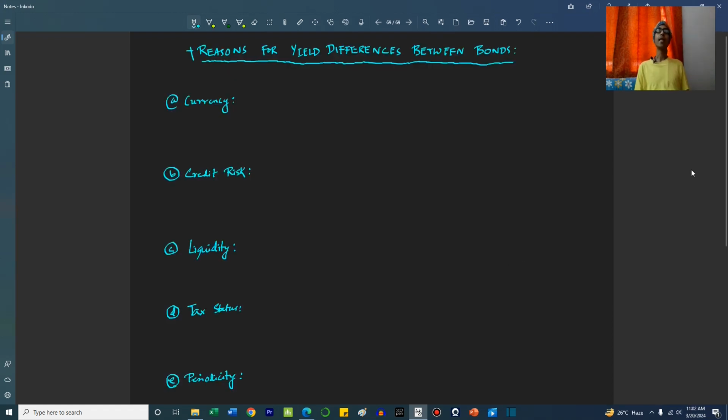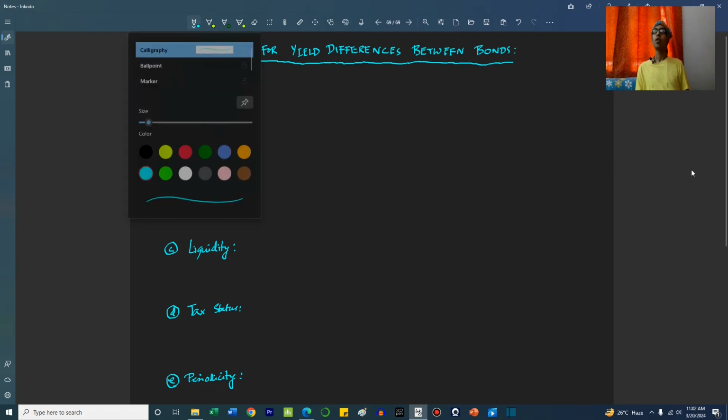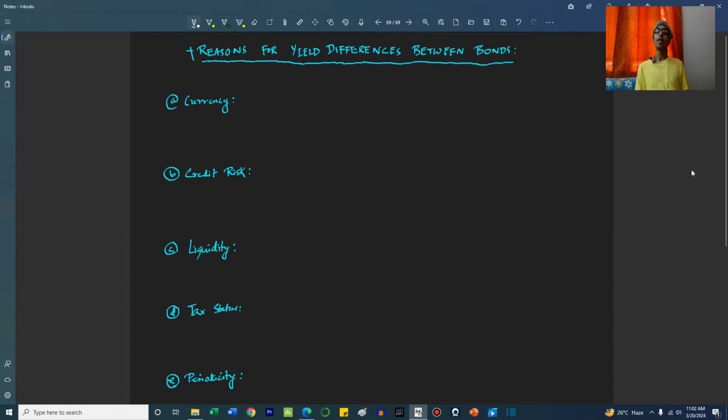The reasons for yield differences between bonds. Now other things remaining identical, any of the factors mentioned in this page can lead to differences in yields. For example, currency. Let's say there are two bonds, one with a currency as rupees, another with a currency as INR.